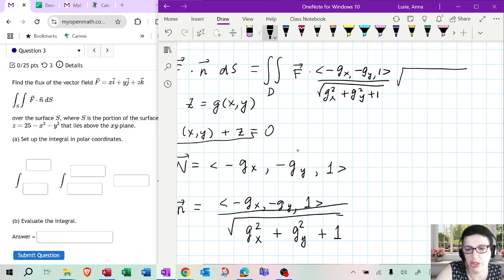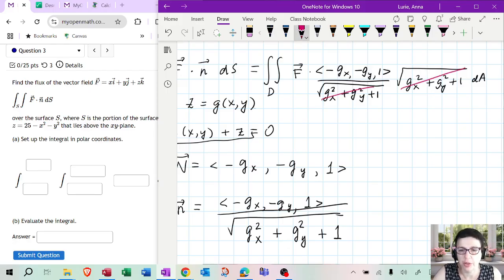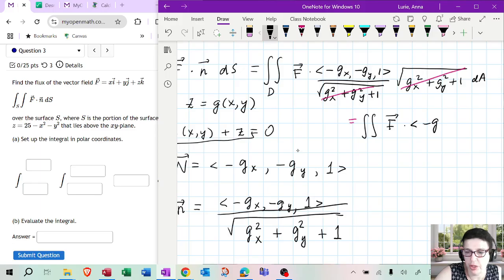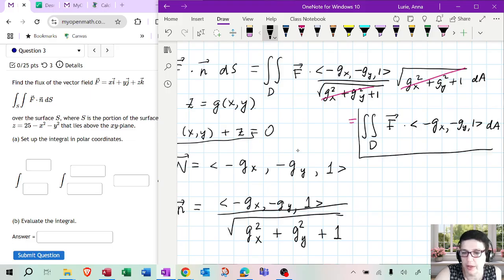So dS is not just dA, it's the root of g x squared plus g y squared plus 1, and then dA. And look what happens: this whole square root is just going to cancel out. So this is how we compute flux. There is a formula to compute flux, and that is to take the force dotted with the vector negative g x, negative g y, 1. And this is now going to be a regular double integral over the projection of the surface onto the xy plane.